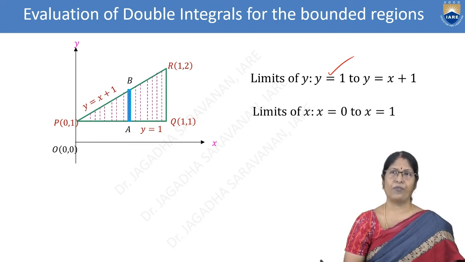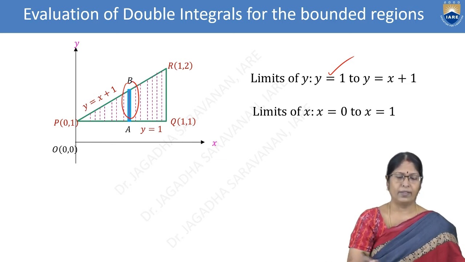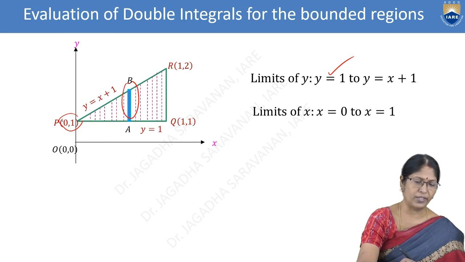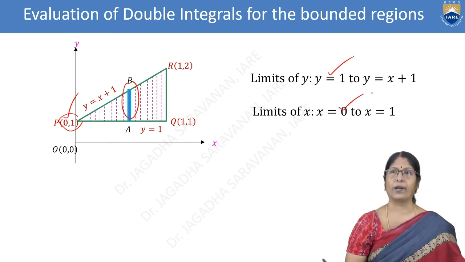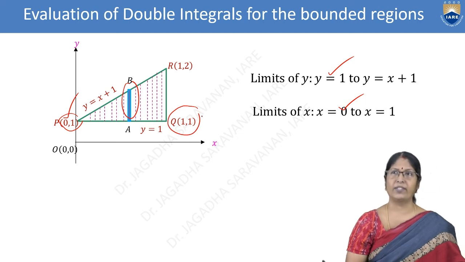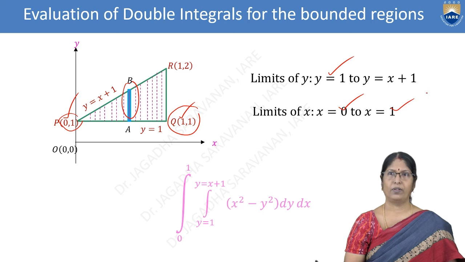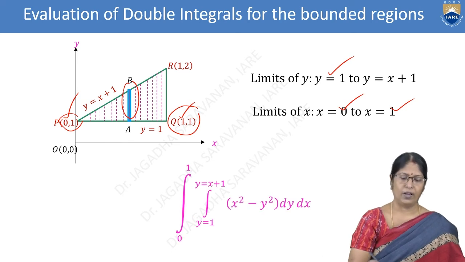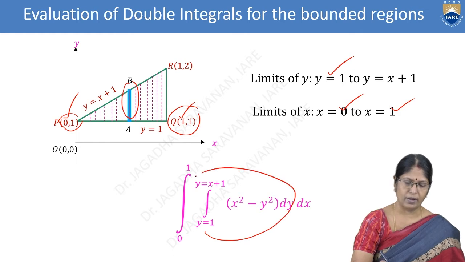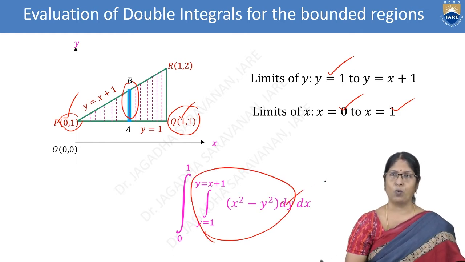Next, limits of x. The vertical strip is there. The left side point we have to see: what is x? x is nothing but 0. The right point, what is x? x is equal to 1. So now, in our given problem, the interior one, we are going to do integration with respect to y.